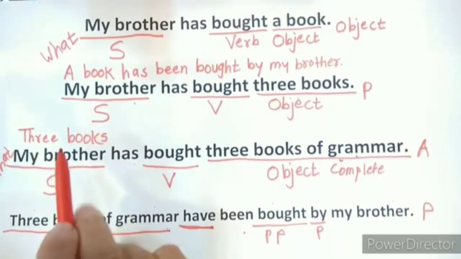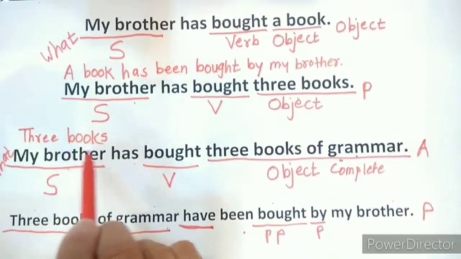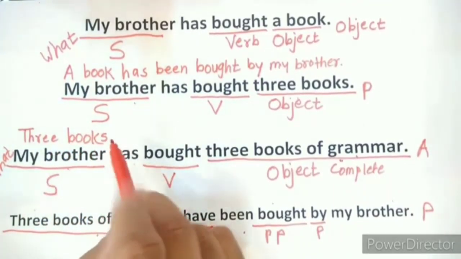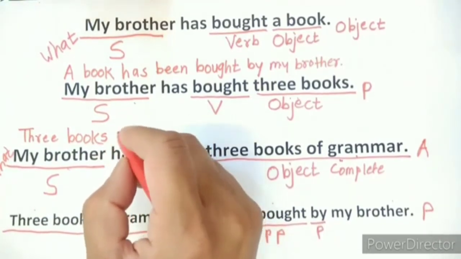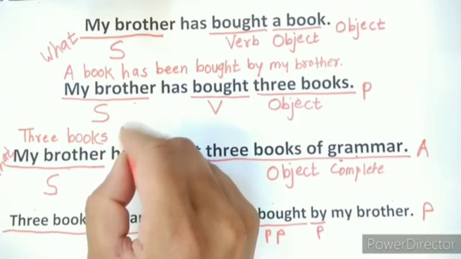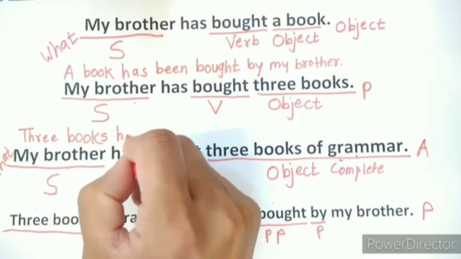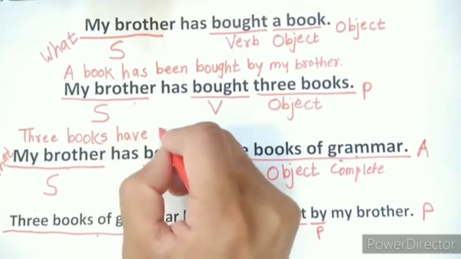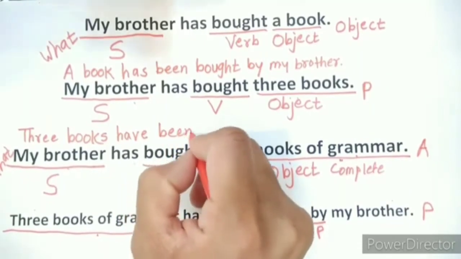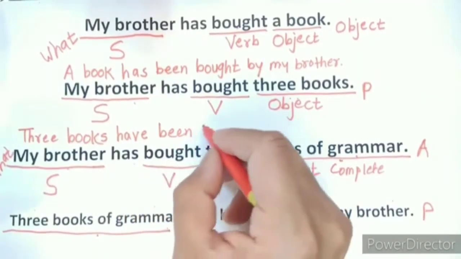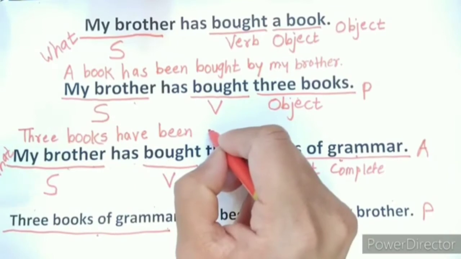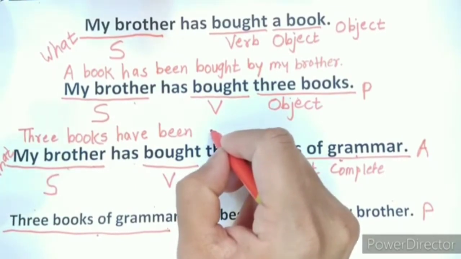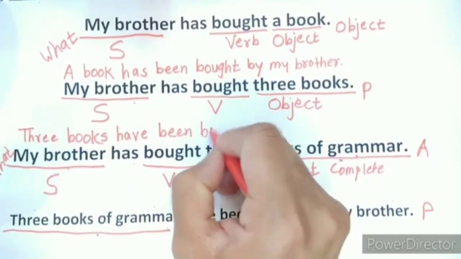Now here, as the object 3 books is in a plural form, therefore we have to use here the plural form of the helping verb have. 3 books have been. Again we have to use the past participle form, third form of the verb bought.